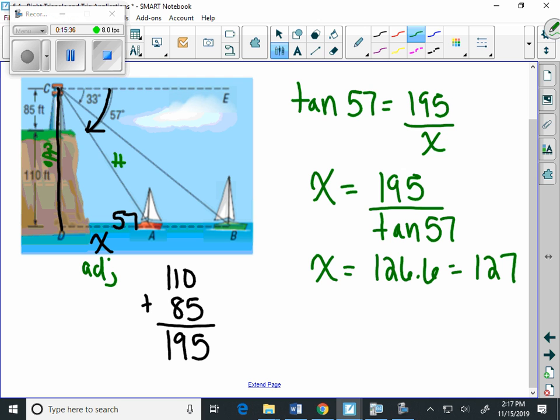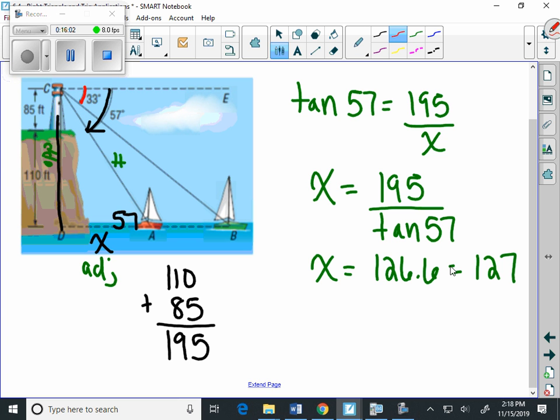And now we have to find another distance. And what I'm going to recommend is, we're going to use the 33, first of all. And 33 goes to here. And what it's touching there is that transversal.